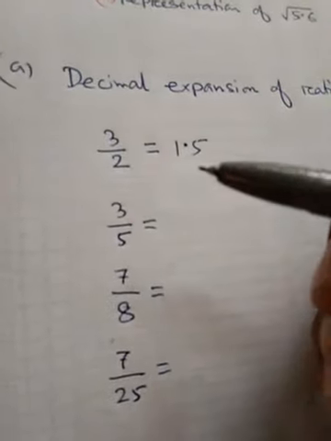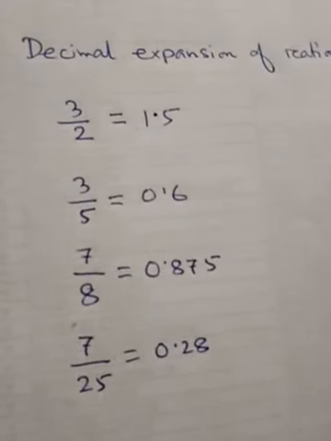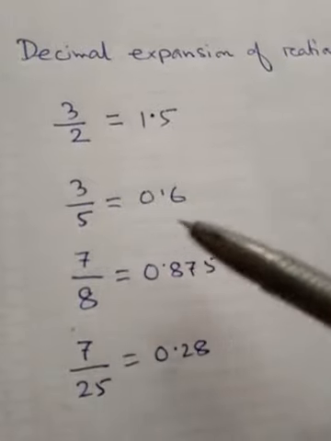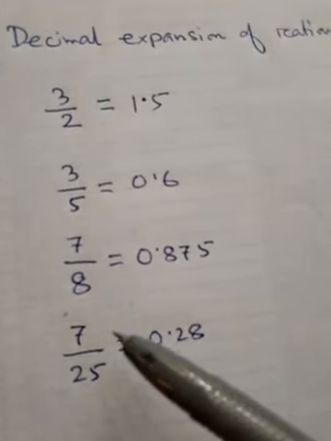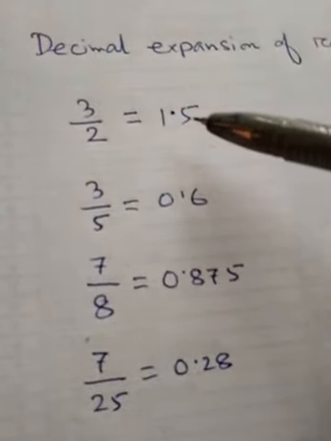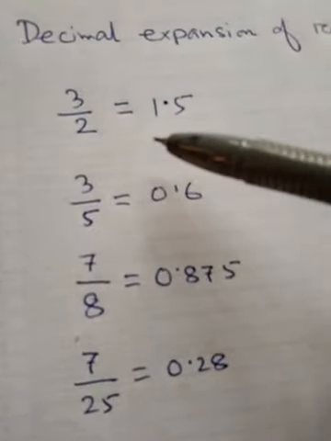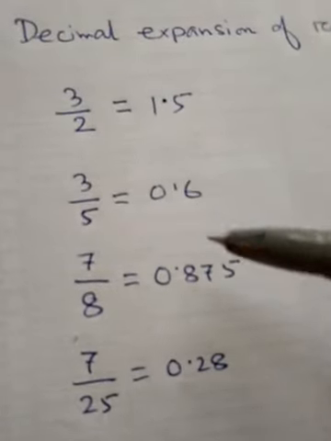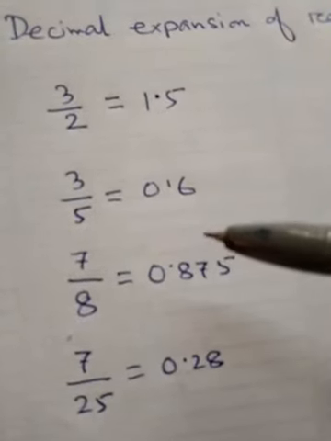Similarly, this will be 0.6, this is 0.875 and this one is 0.28. So you can see all these rational numbers, if we divide, give terminating decimal numbers. Everywhere we get terminating decimal numbers.